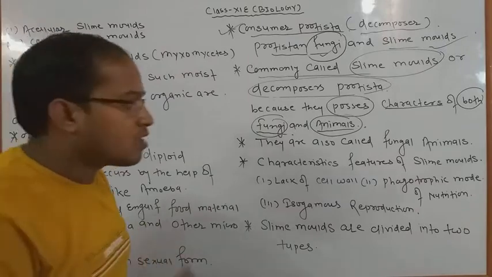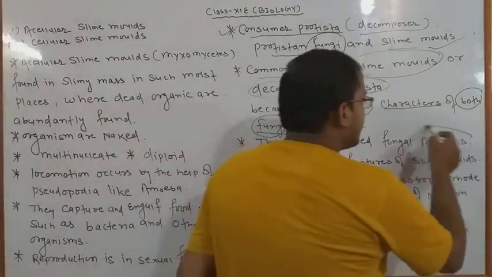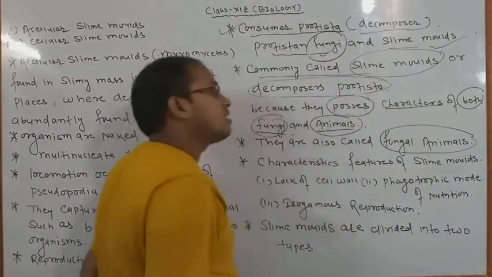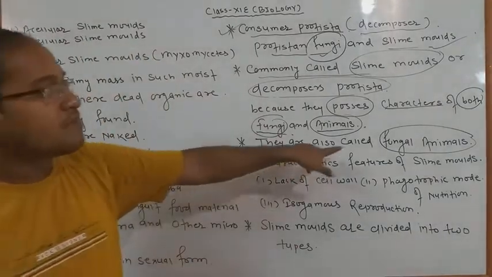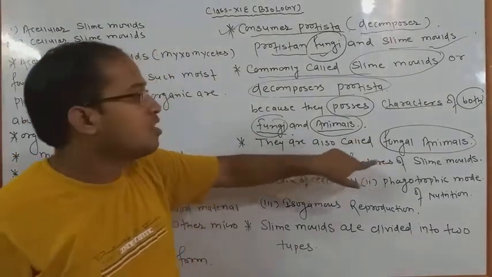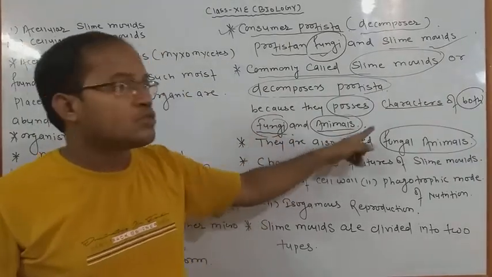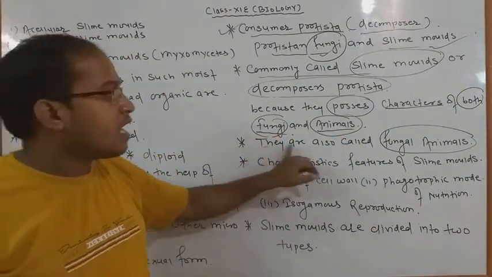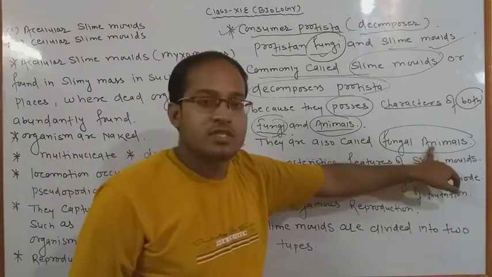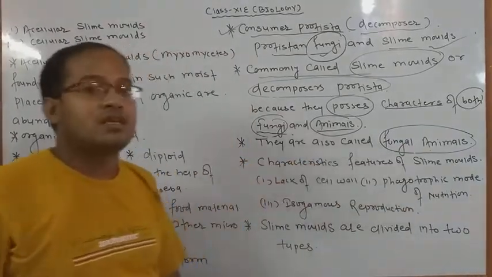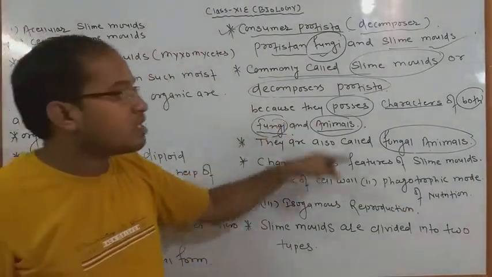That's why they are called fungal animals. इन्हें हम fungal animals के नाम से भी जानते हैं. Most important point, and this type of question may be asked in your exams. Due to the nature of fungi and animals, they possess both characters and are also called fungal animals, because they consist of both types of characters.